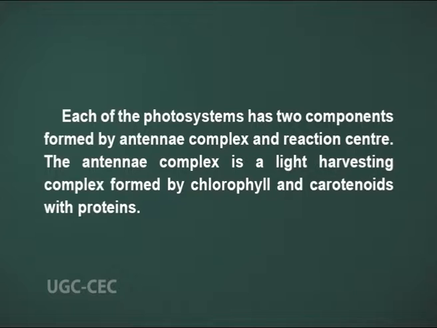The antennae complex is a light harvesting complex formed by chlorophyll and carotenoids with proteins. They capture the solar energy and transfer it to the reaction center formed by chlorophyll molecules. The reaction center of photosystem 1 has absorption maximum at 700 nanometer and that of photosystem 2 at 680 nanometer.